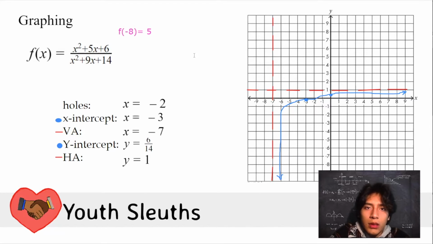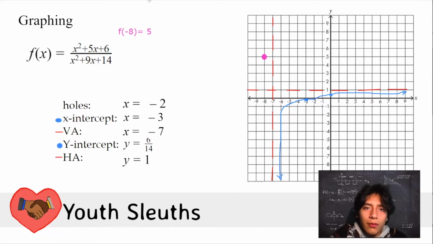This is good because it tells us that our graph is going to be in quadrant 2 instead of quadrant 3 down here.